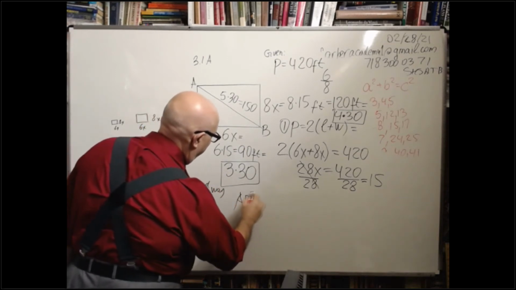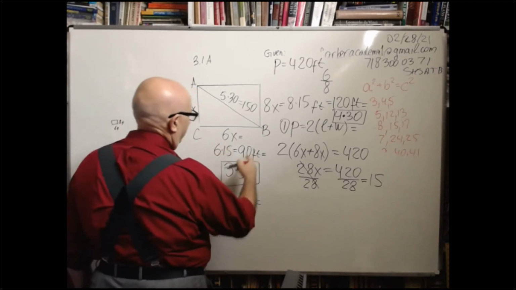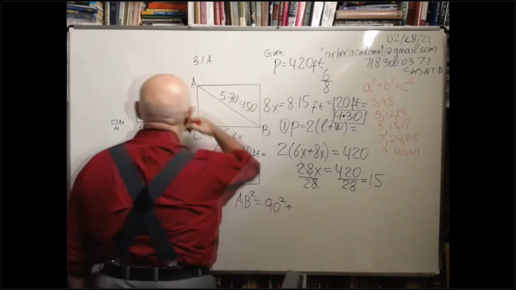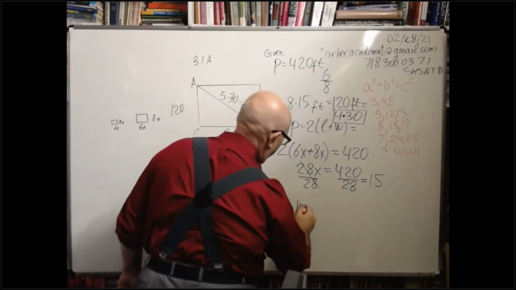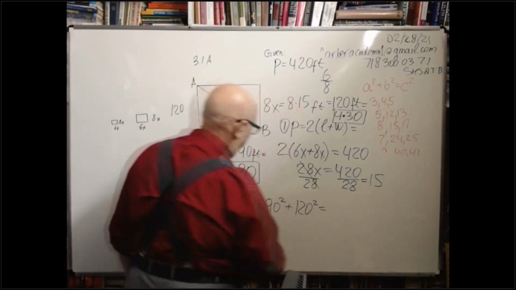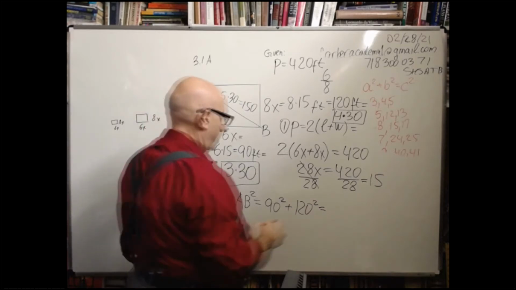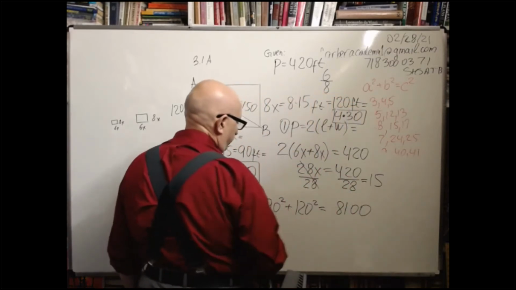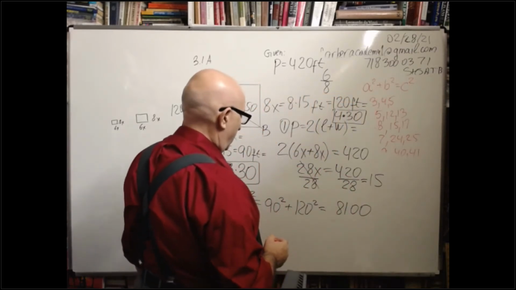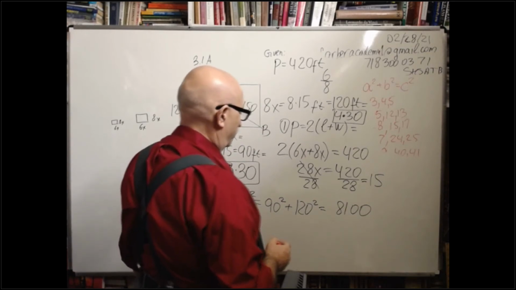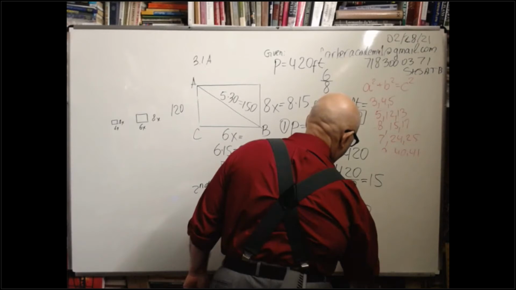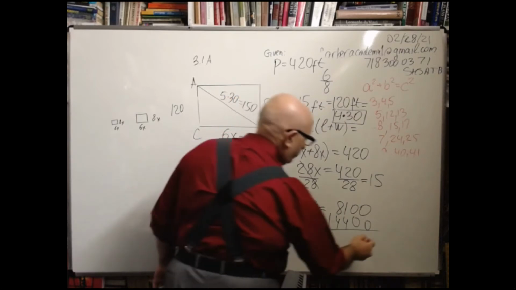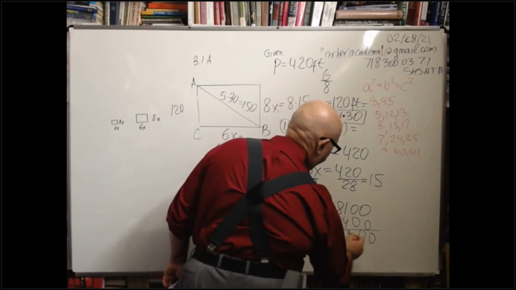AB squared equals 90 squared plus 120 squared. 90 squared is 81 and two zeros. 12 squared is 144 and two zeros. Add them up: 225 and two zeros.